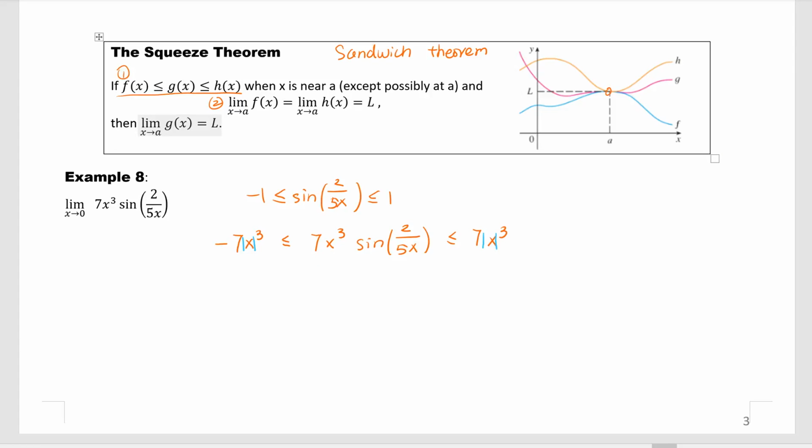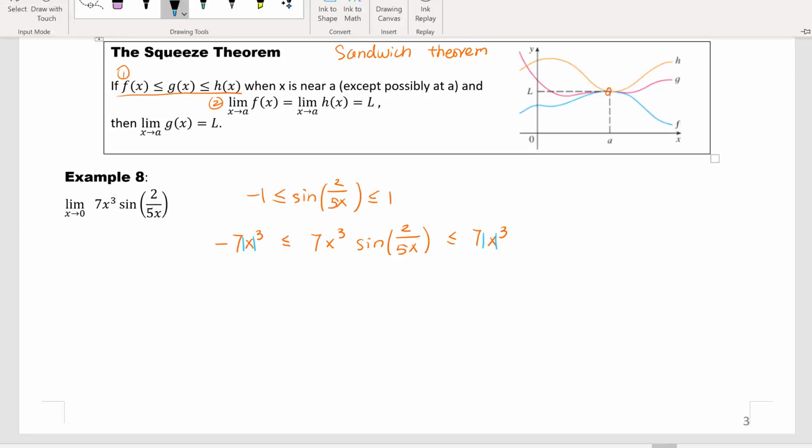So that's why this is a useful trick. Don't put the absolute value on the middle function, because that is not the function we're looking for. We want the middle guy exactly as it is. So you put the absolute value in the boundary functions. So this is the first condition.